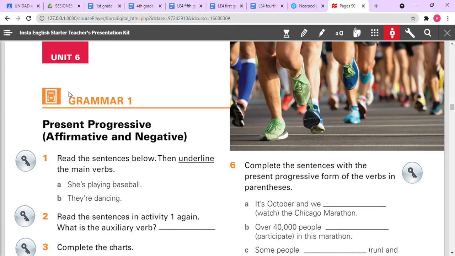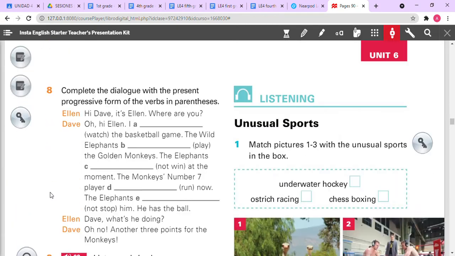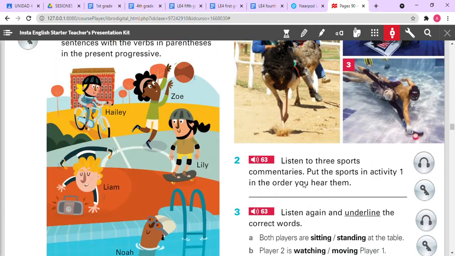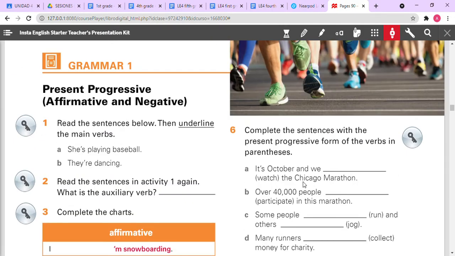Unit number 6, grammar number 1. This activity is on page 94 and then we're going to continue on page 95. We're going to work 2 pages during this lesson. So, let's focus on the activity.